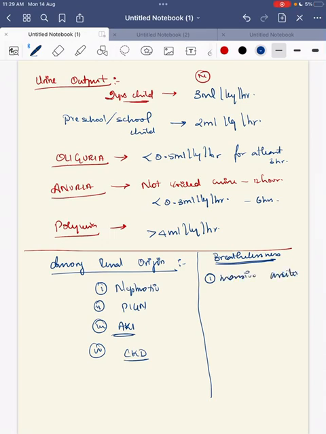One can be massive ascites. Second, bilateral pleural effusion. Third, it can be pneumonia, because infection is the most common complication of nephrotic syndrome, or it can be due to pulmonary embolism. Okay, these are the causes for breathlessness.